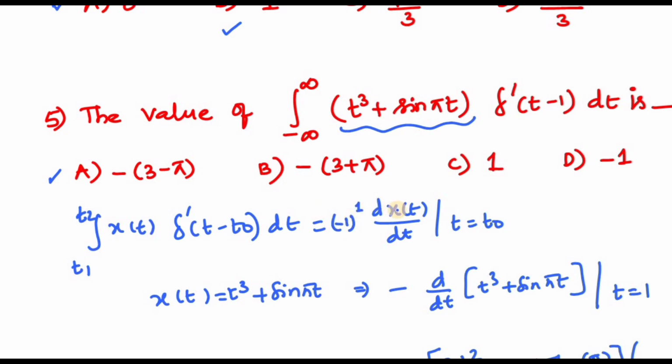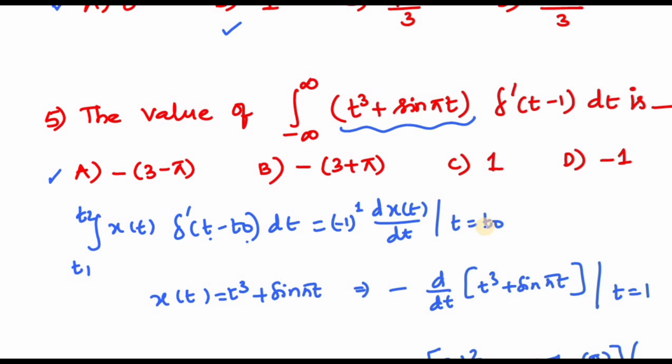Here it is x bar of t. So x bar of t, I can write as dx t divided by dt, and instead of t, I have to substitute t naught in order to make this form 1 as 0. So I can write t is equal to t naught.